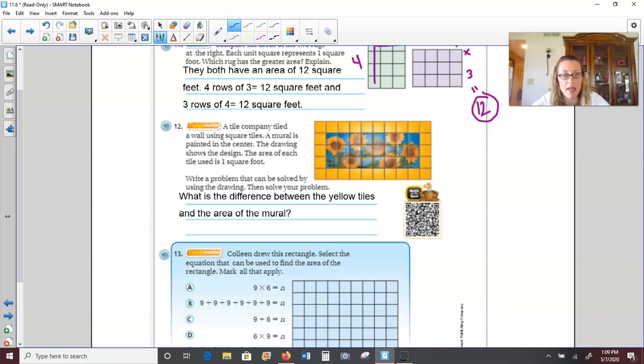So let's count the area of the yellow tiles. Now, I don't want to use multiplication, length times width, exactly because I am not counting all of the tiles in the middle here that are the mural. I'm only counting the outer border. So I could count 1, 2, 3, 4, 5, 6, 7, 8, 9, 10 across the top.